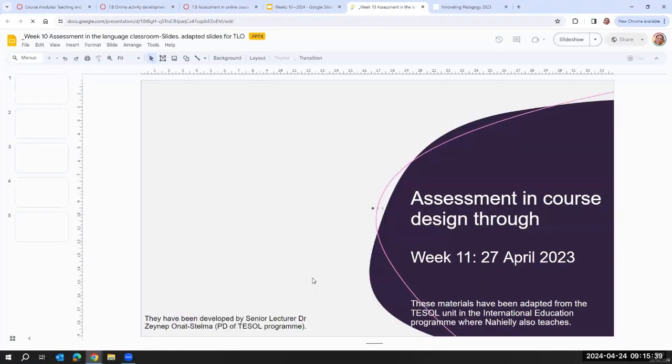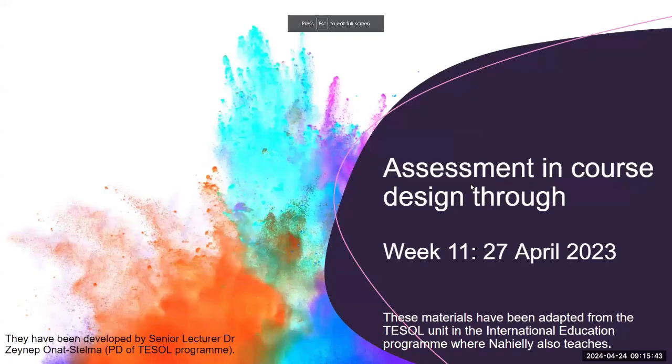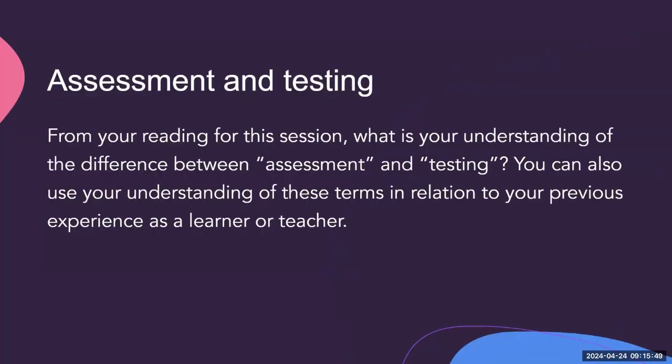So for instance, if you click on that link I just sent, you will see then that this new set of slides talks about the difference between assessment and testing to get you thinking about how you as a tutor would evaluate the learning process.